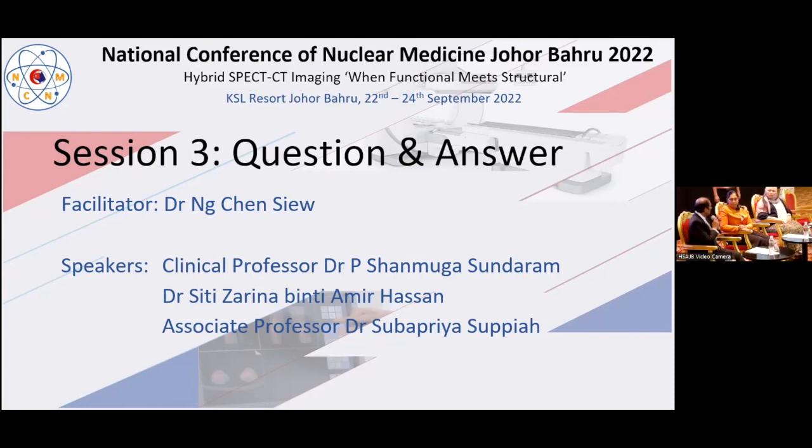Actually, in day-to-day practice, it is important to understand that the SUV values are falsely higher if you do a contrast enhanced CT, true. How much percent we learned from Dr. Subapriya that it is around 20%.